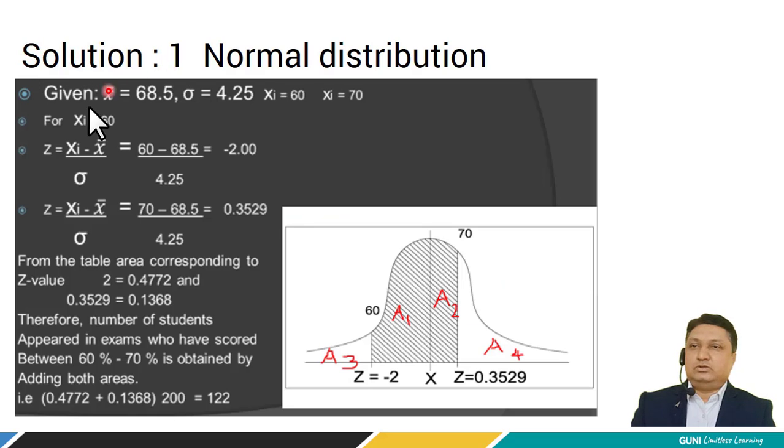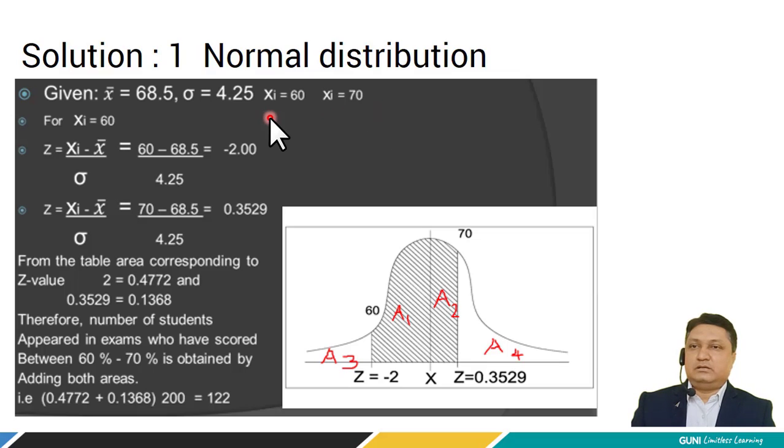So let us see the solution. Here the given data is x bar is 68.5 and sigma is 4.25. We have to calculate how many students will score between 60 and 70%.